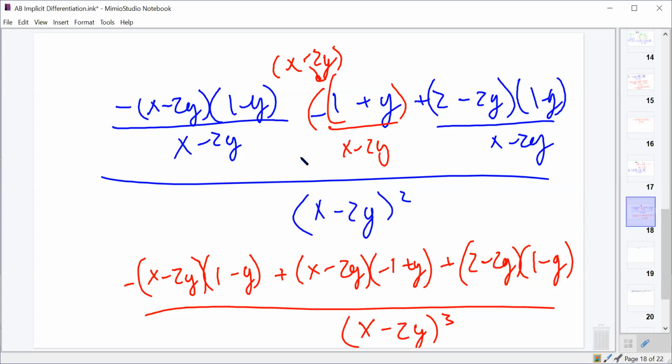And so if I put those all together as one fraction, this whole numerator over x minus 2y is the numerator of my complex fraction, then my denominator would be x minus 2y to the second over 1, right? And if I flipped and multiplied, that x minus 2y that's underneath all of these would be multiplied by the x minus 2y squared. Right, okay. Does that make sense? Yeah. Any other questions there before we move on?